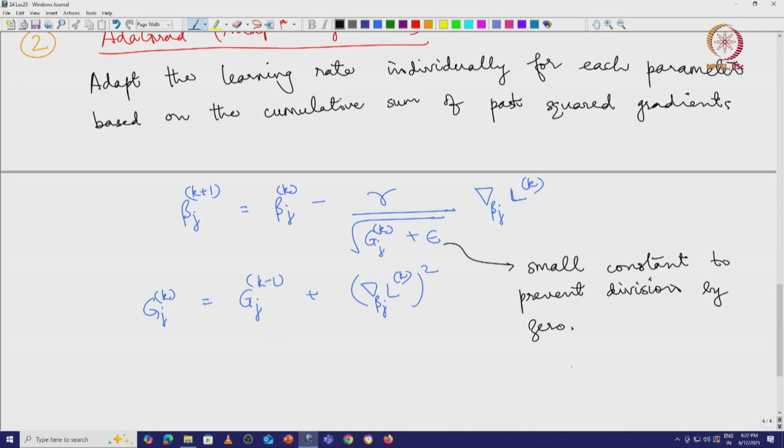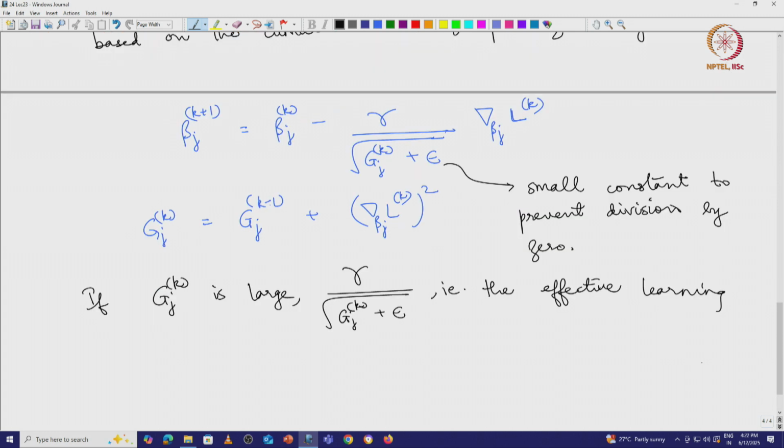Essentially, if g j k is large, so the gradients are large, the effective learning rate, which is this, is lowered. And that is what we want.